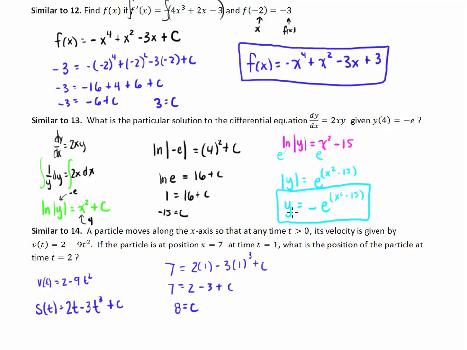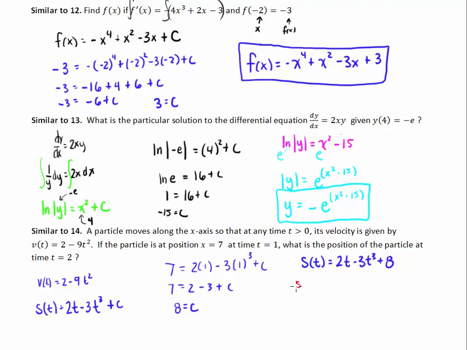8 is our c value. So we know that our equation is s of t is equal to 2t minus 3t cubed plus 8. Now the question asks, what is the position of the particle at time t equals 2? So we do want to take our equation here and plug in 2.